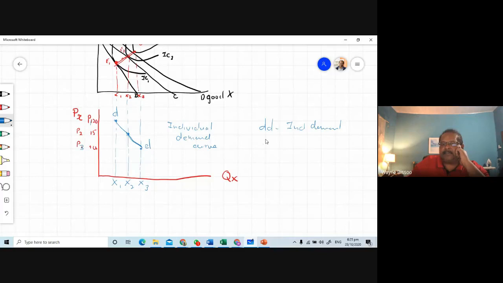Then you're going to see capital D, either two D's like that or just one capital D. That's market demand. And then when we go to macroeconomics, you're going to see AD, which is aggregate demand.